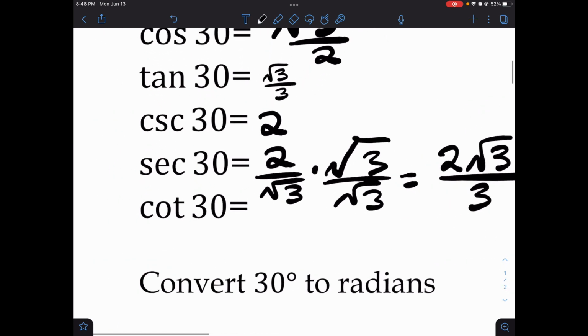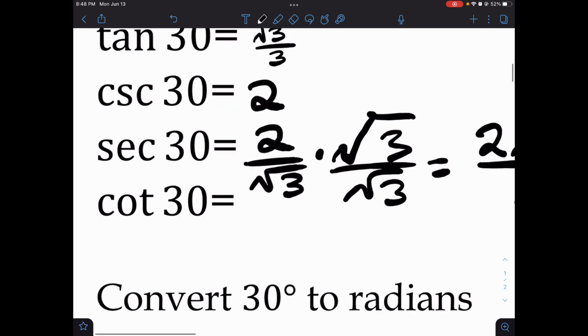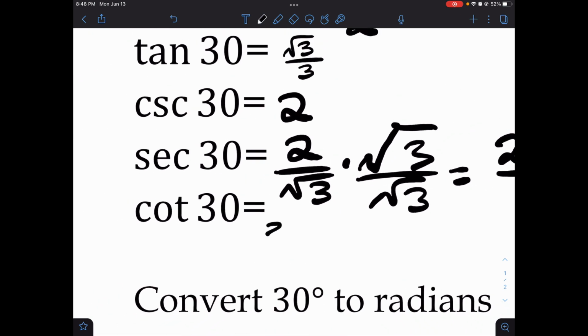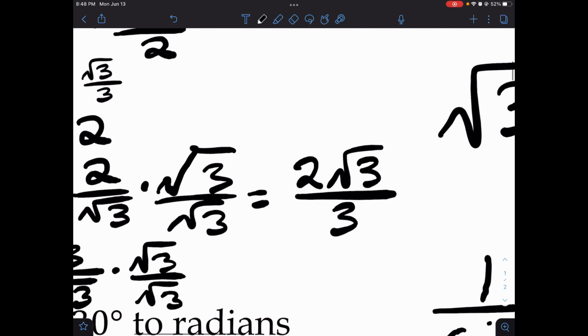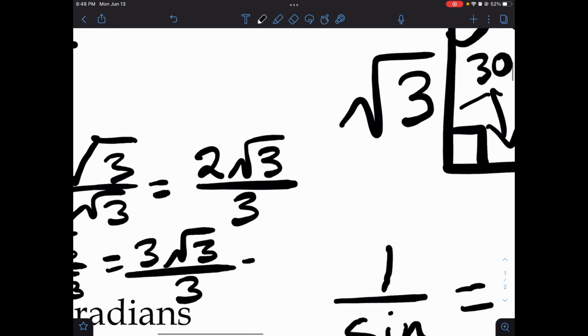And cot, or cotangent, is the reciprocal of tangent, so it's going to be 3 over root 3, or root 3, so it's equal to 3 root 3 over 3, or just root 3.